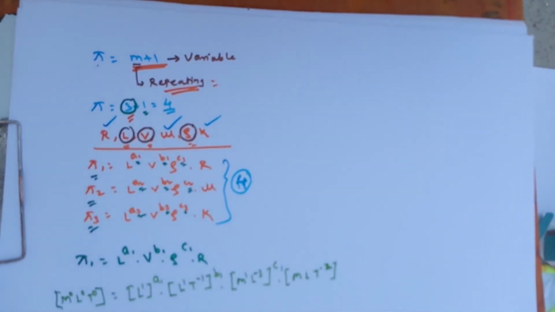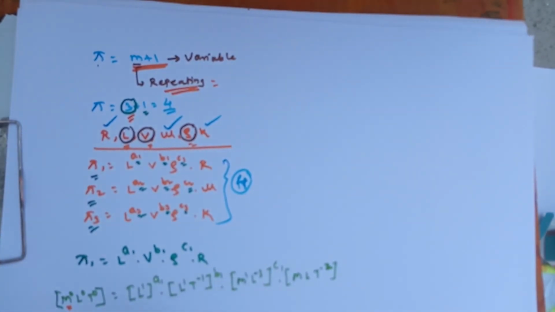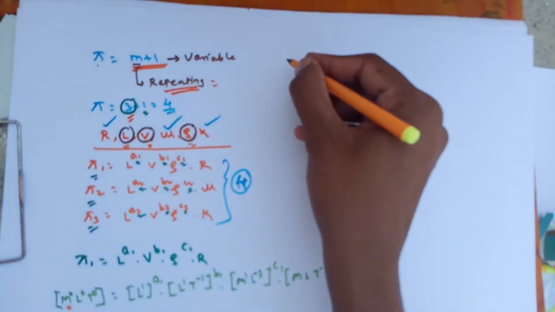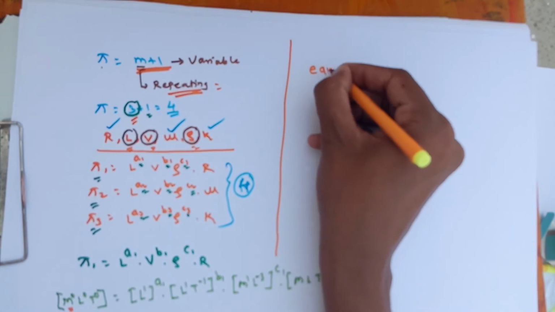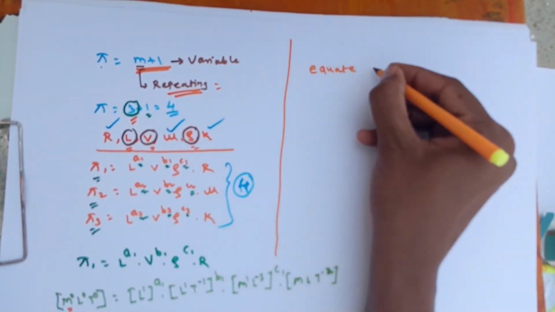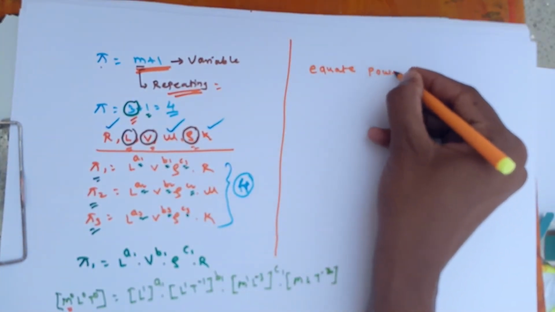So here the values of a1, b1, c1 can be obtained by equating the fundamental dimensions from the left hand side and right hand side. That means I have to equate the powers of m, l and t. First of all I will equate the power of m.